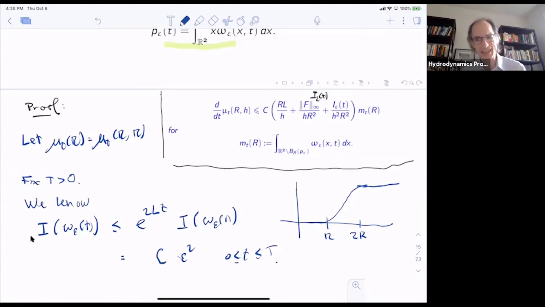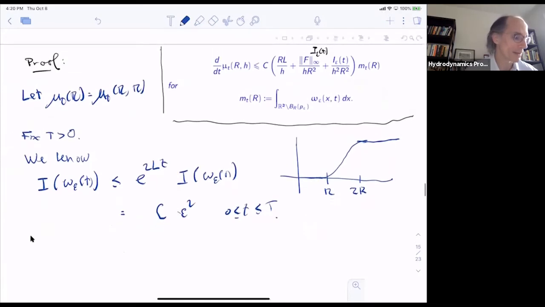And the unsettling thing is that the C may change from line to line, which it will do. So again, I'll write C to mean, below I'll write C to mean something different. Here, C is 1/2 e to the 2 capital L capital T. But if we don't need to keep track of it, there's no point in wasting brain power on irrelevant details. So we'll just call it C.